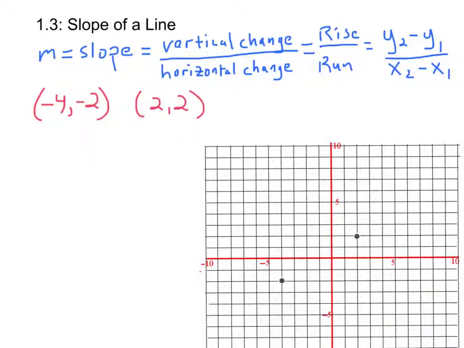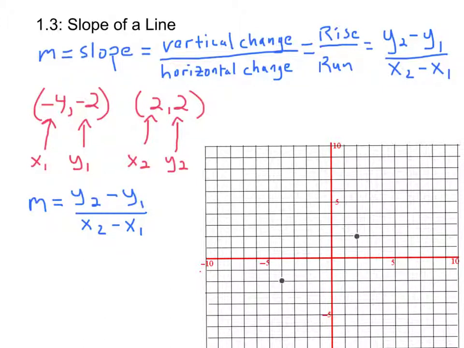Notice in the picture below, the two given points are at the ordered pairs -4, -2, and 2, 2. x1 and y1 represent the x and y coordinates of the first point, and x2 and y2 represent the x and y coordinates of the second point.